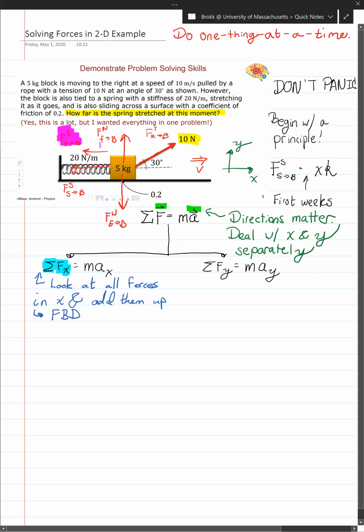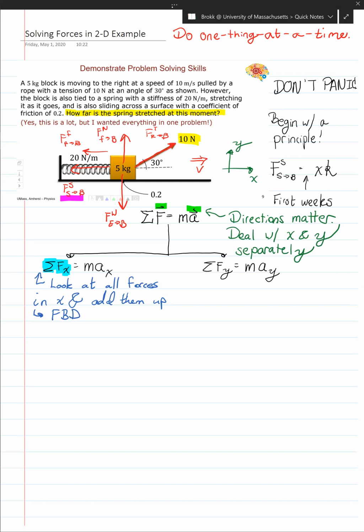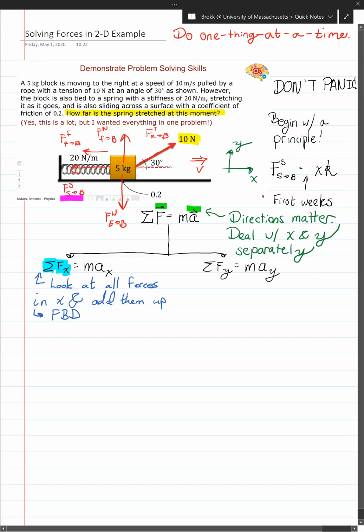Our friction is in X. Our spring is in X. And our tension has a component, a part of it, in X. And a part of it is in Y. So there's a force of tension from the rope on the block in the Y, and there's a force of tension from the rope on the block in the X.